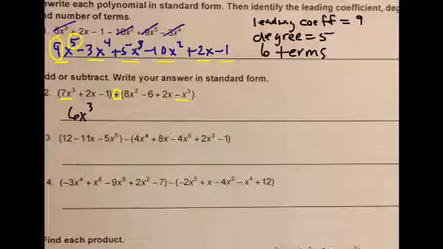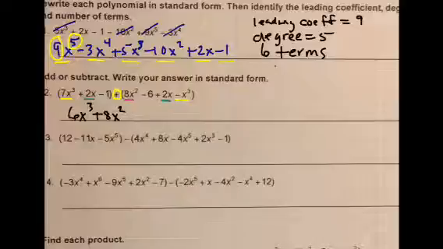Then you look to see if there's any square, and in this case there's just one x squared. Then you look to see if there's any x, and there is, let's see, 1x right there and 1x right there.